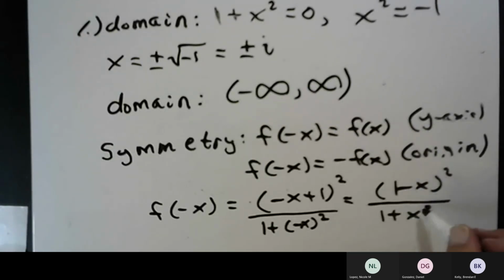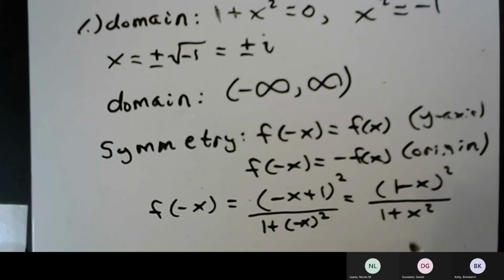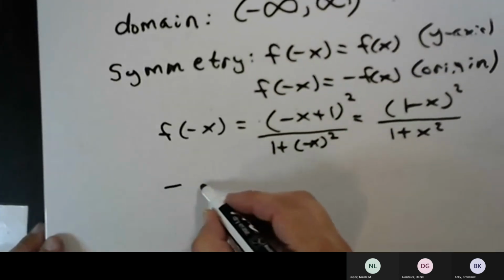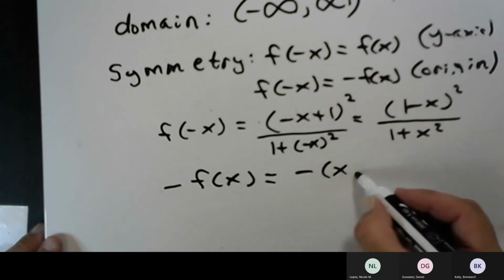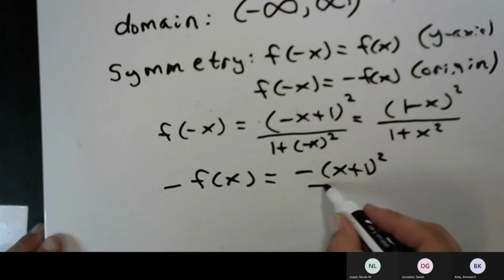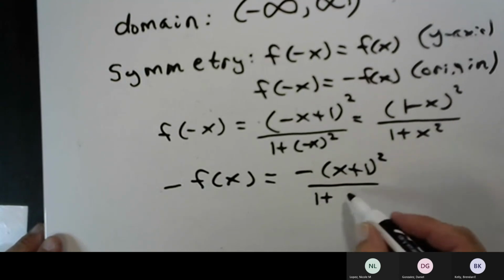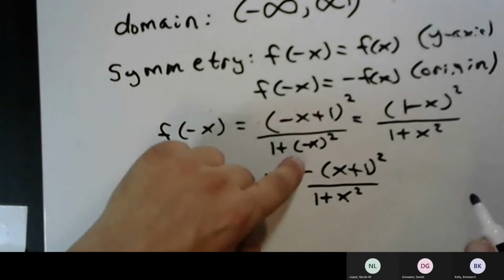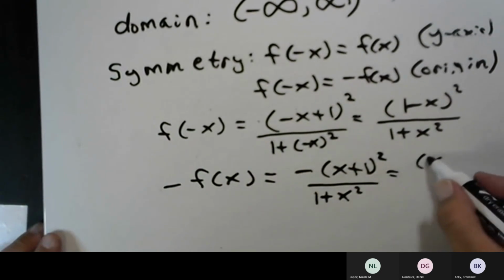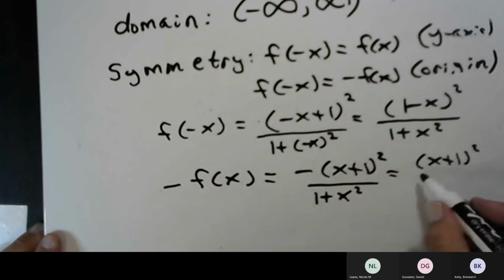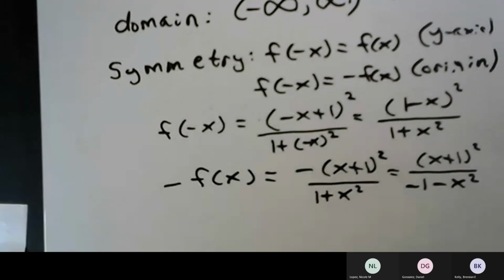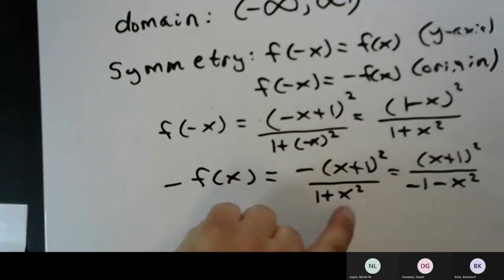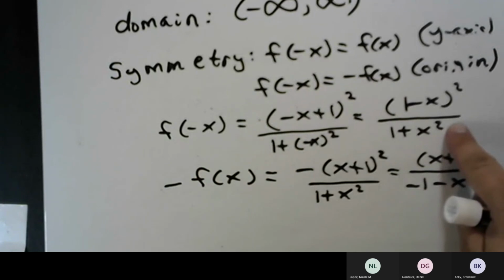It's not equal to negative f of x. Negative f of x would be something like this. We could move the negative down here. We'll get (x plus 1) squared over -1 minus x squared. Move it down and distribute it through, and we'll get this, which is not the same as this.